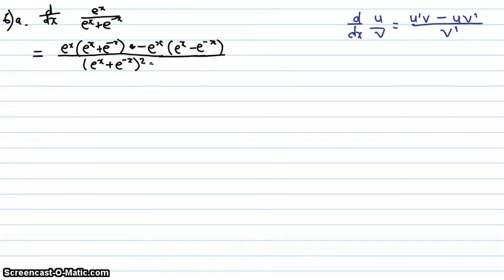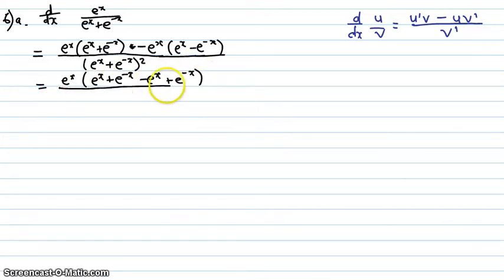Now we just need to simplify it slightly. e to the x is clearly a common factor, and we get e to the x plus e to the minus x minus e to the x plus e to the minus x over e to the x plus e to the minus x squared.